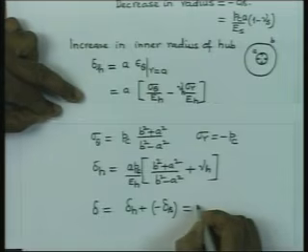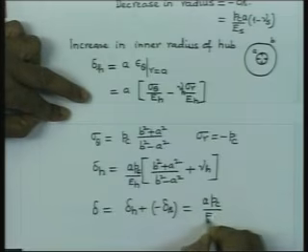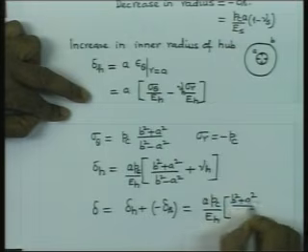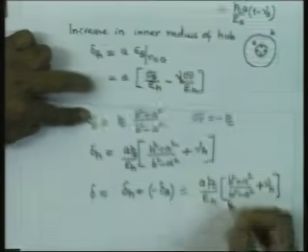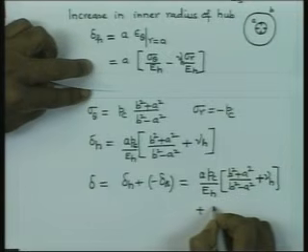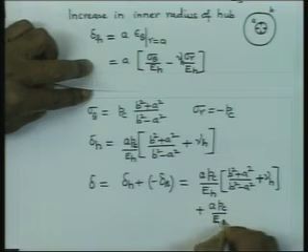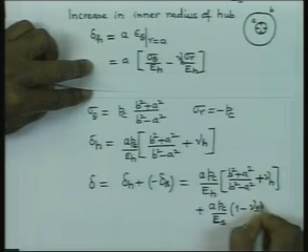Therefore, we have A into Pc by EH into B square plus A square by B square minus A square plus nu H, plus A into Pc by E of the shaft multiplied by 1 minus nu s. So, this gives us the relationship to calculate the Pc for any delta.